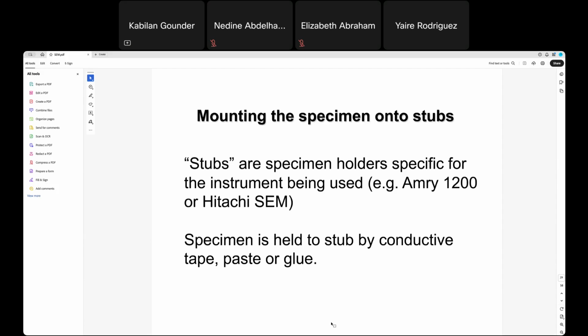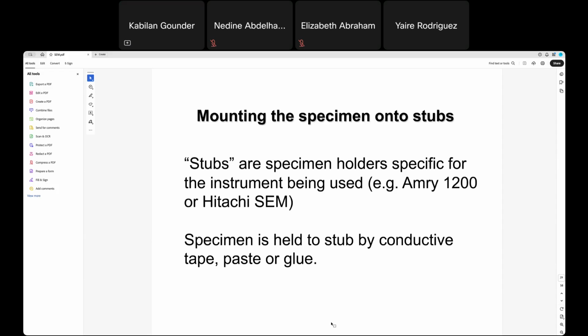So you want something to hold your samples, right? You can use a glue tape that has adhesive on both sides, so one side sticks onto the stub, and the top portion of the tape is also glue, so you can hold your samples.